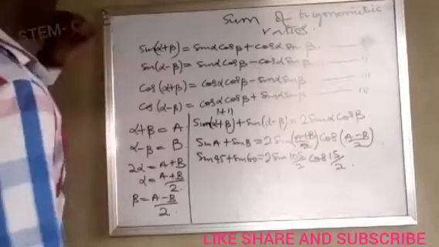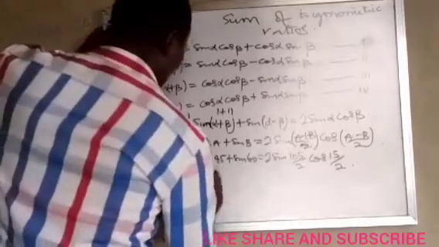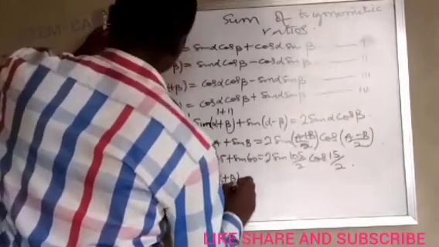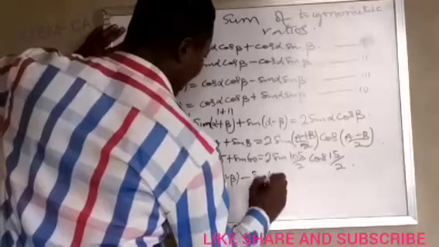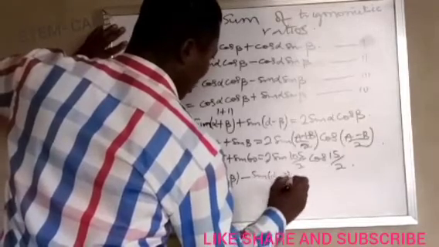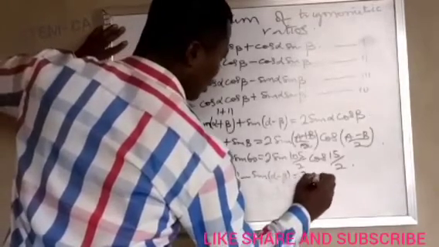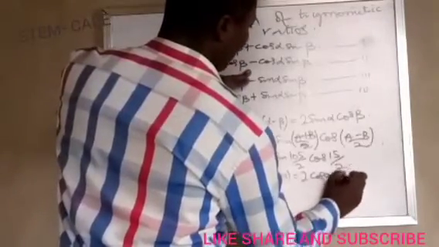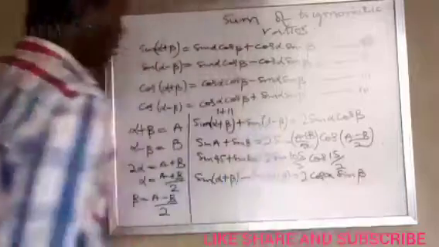Let's subtract equation 2 from 1. So I'm going to have sin(alpha plus beta) minus sin(alpha minus beta). It will give me 2 cos alpha sin beta.